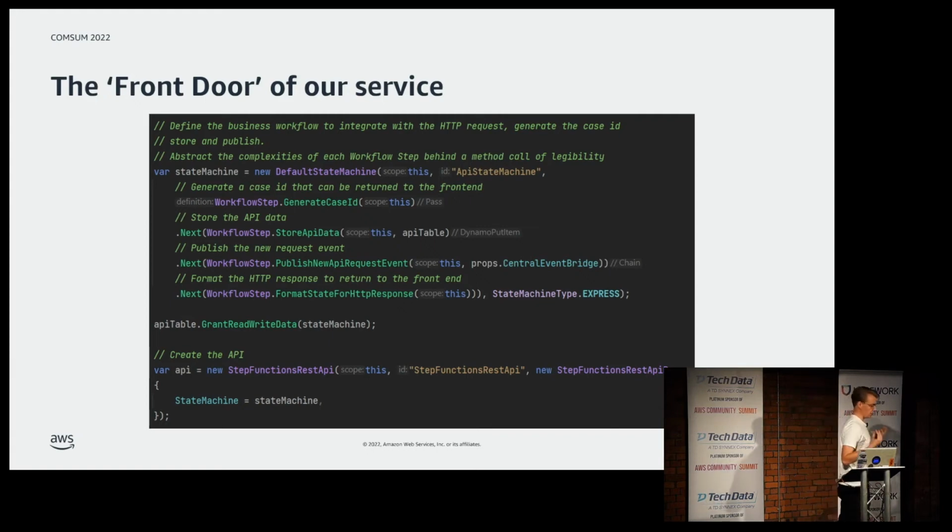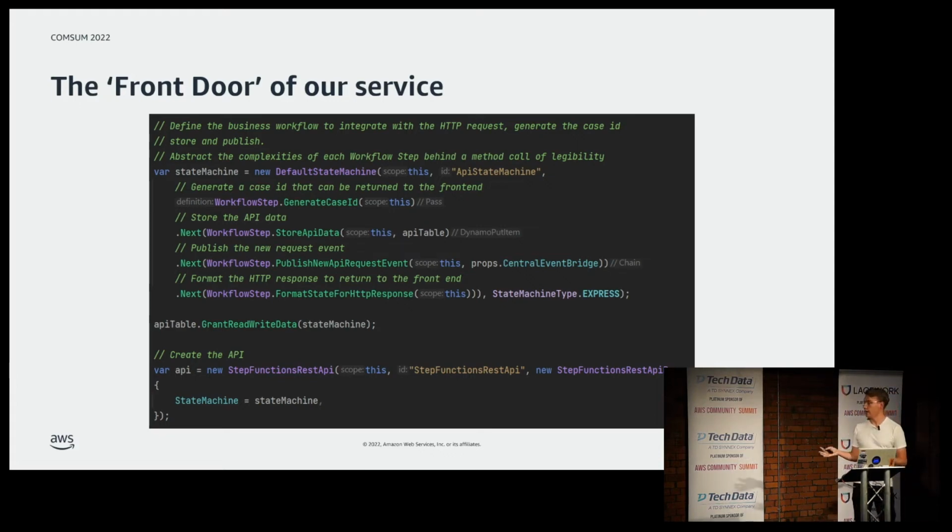Whenever I talk about building step functions in CDK, I always try to build these reusable building blocks. You can see we've got a few lines that just say workflow step dot. That is not CDK code, that's custom code that I've written. So the actual implementation of that in step functions is hidden behind that method. The benefit of doing things this way is that, one, it gives you a really legible piece of code.